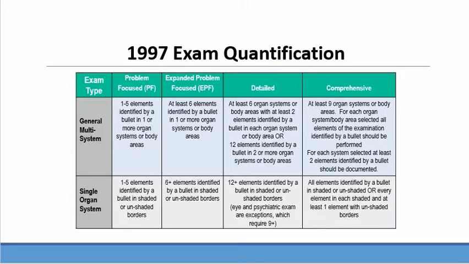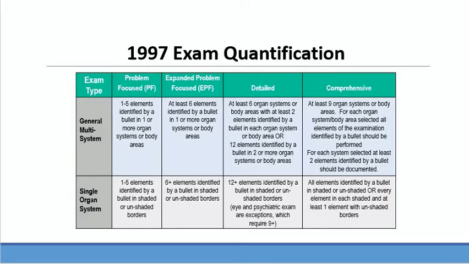The 97 guidelines contain single organ system exams for the cardiovascular system, ENMT, eyes, genitourinary for males and females, musculoskeletal, neurologic, psychiatric, respiratory, skin, and hematologic, lymphatic, and immunologic. When you review the guidelines for these single organ system exams, there are shaded and unshaded areas in each single organ system exam. So that is what is being referenced in this table.